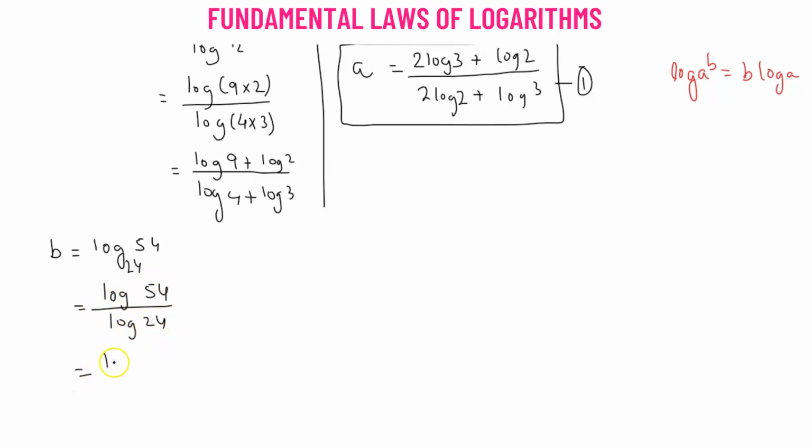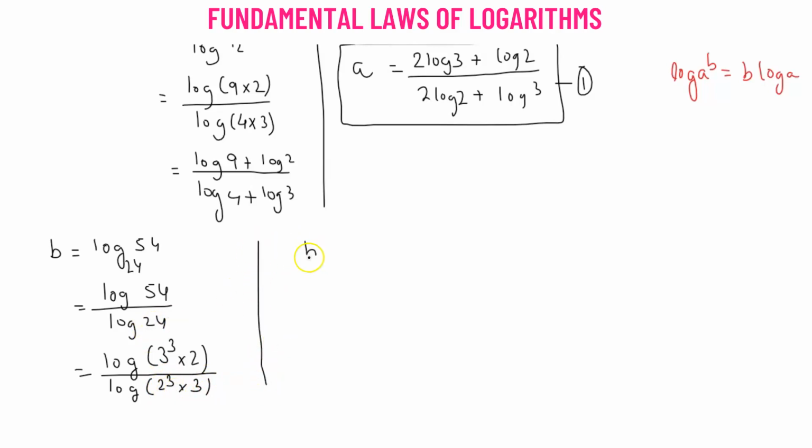Now 54 is 27 times 2, or 3 cubed times 2, and 24 is 8 times 3, and we can write 8 as 2 cubed, so we have 2 cubed times 3.